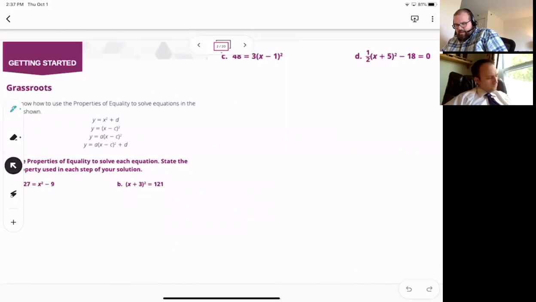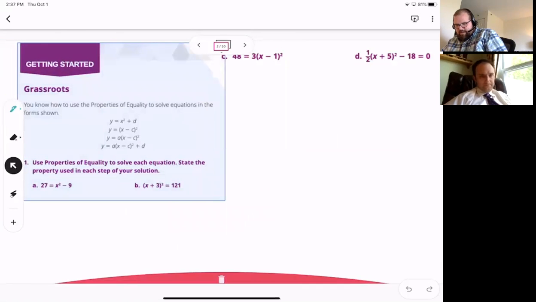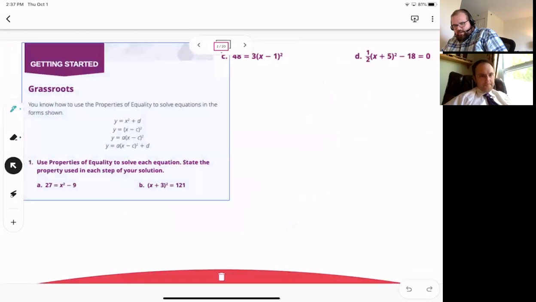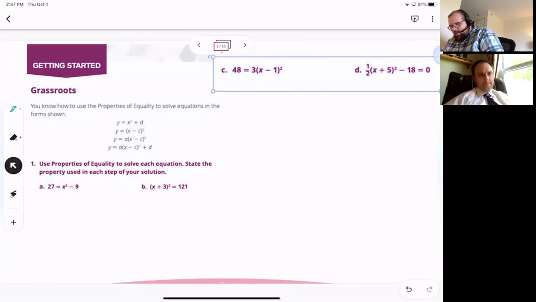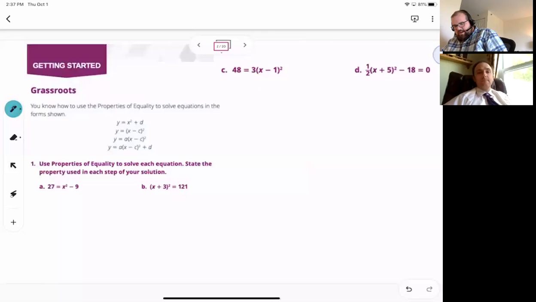All right. So I like that we said that and then immediately are going to two that we're going to solve out fully and I think are reasonable to work through. So the goal here is to get x by itself, just like we've been doing with linear equations, but now we have to get some kind of fancy thing. We're going to do C and D for you and then ask you to take a look at A and B on your own.